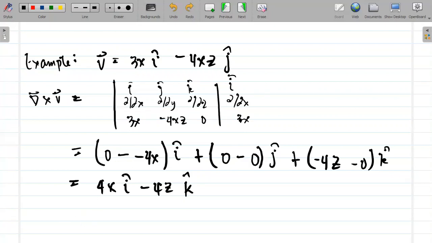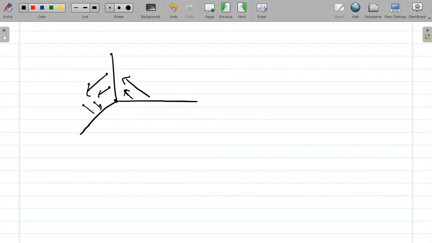Okay, ano ba yung example ng mga vector functions natin na may curl? Suppose, i-drawing ko lang. Meron tayong vector function na ganito. Tapos, we have this one.